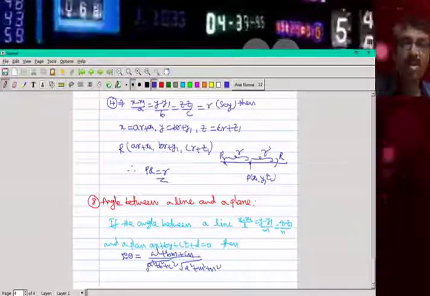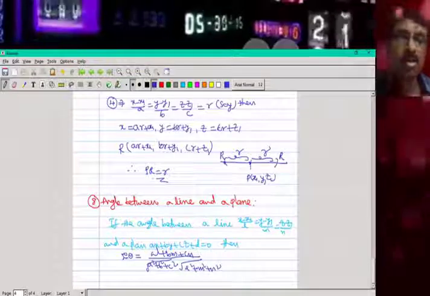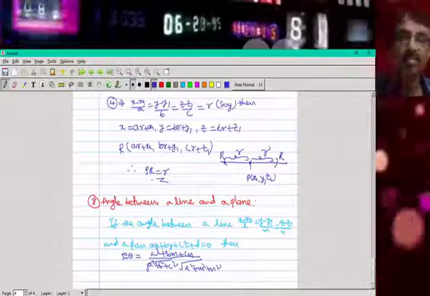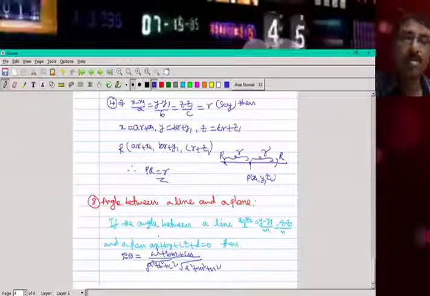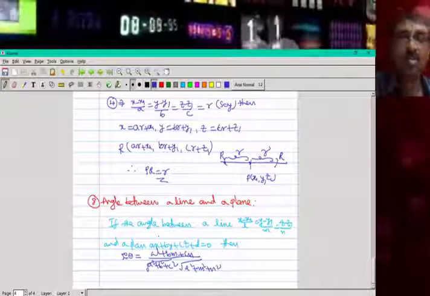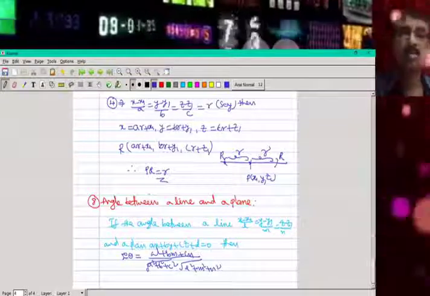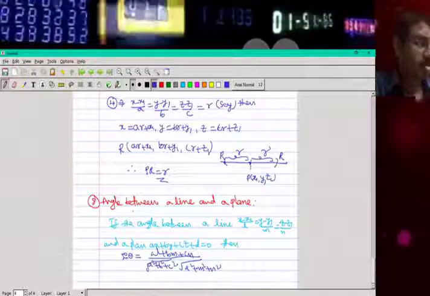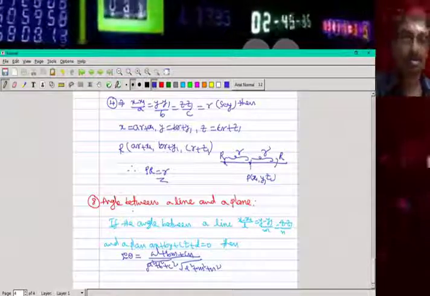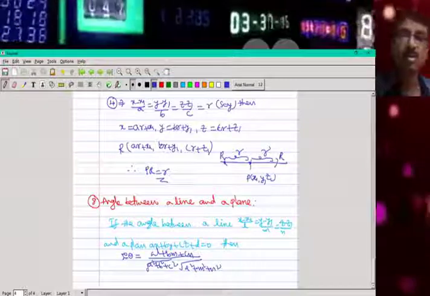If l, m and n represent DCs of the line, then l square plus m square plus n square equals 1. So this is the formula for the angle between a plane and a line.